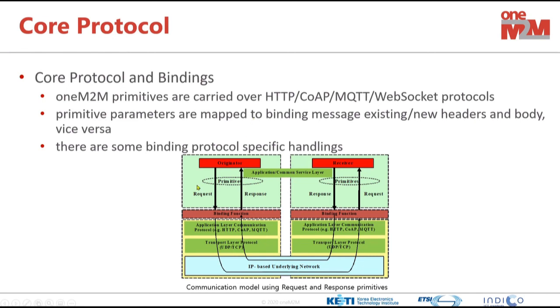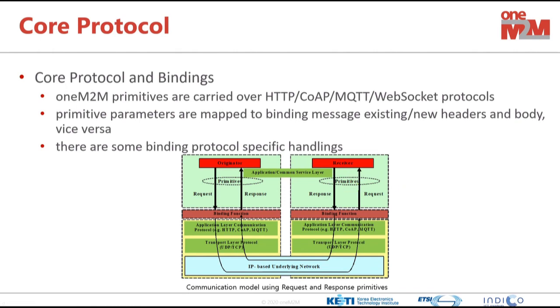So we create a request, for example, by the originator, and the request will be mapped or converted into an HTTP message, and it will be sent to the receiver, and the receiver will get the HTTP request, and he will convert it to the oneM2M message, or in the protocol we call a message oneM2M primitives.